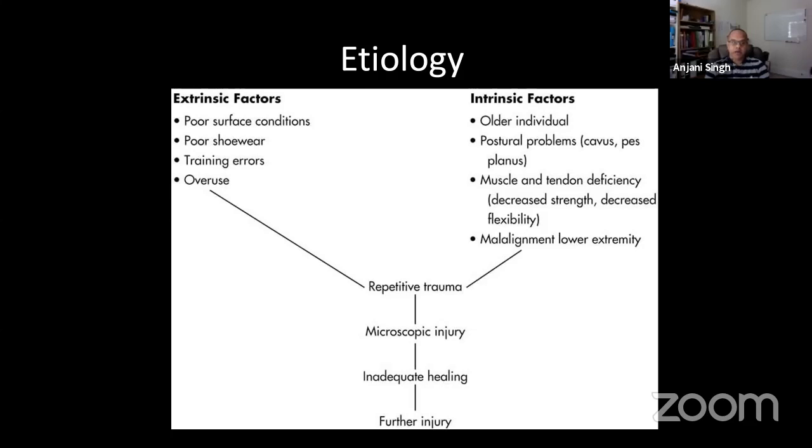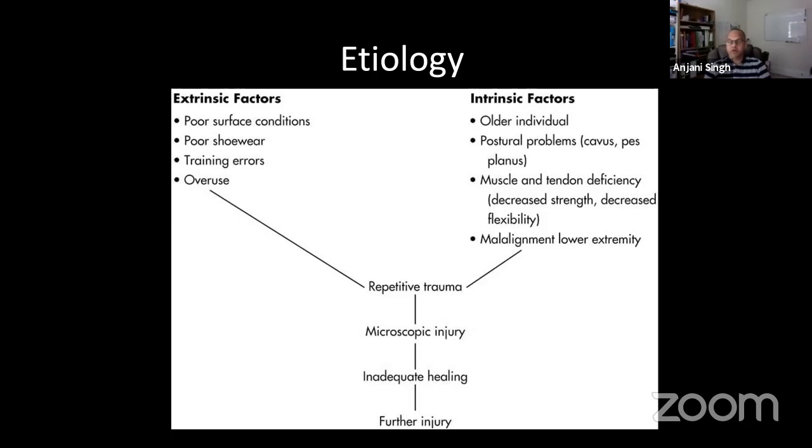Also more common in athletes are training errors, so not doing proper conditioning or warming up prior to an activity, and of course overuse, which is part of this active athletic population.